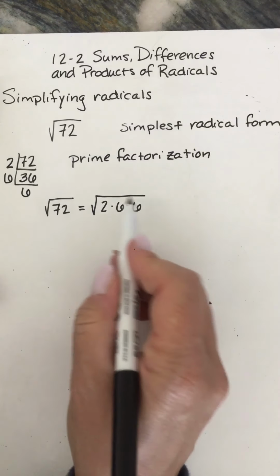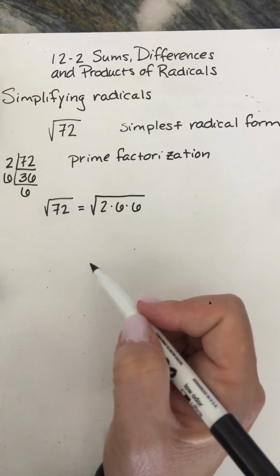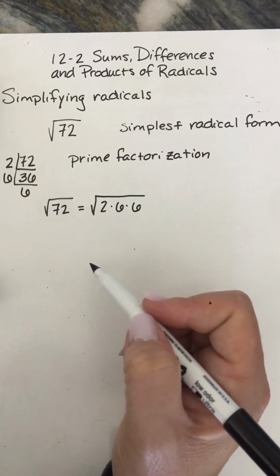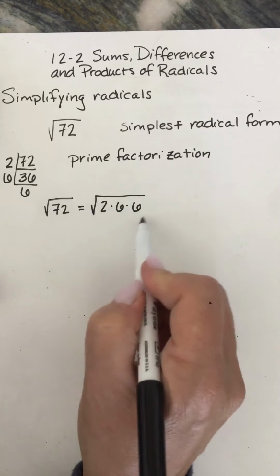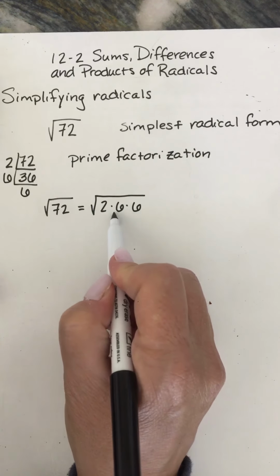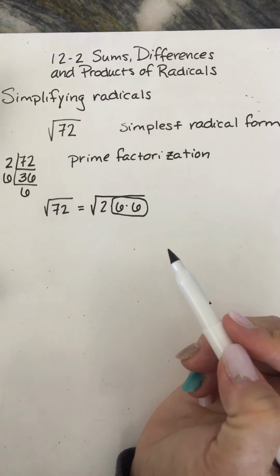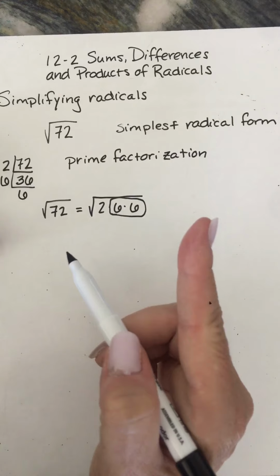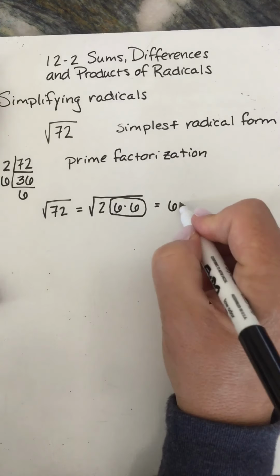So once you can write a perfect square, do it. Because the square root acts, think of it as a 2 for the price of 1 special. Okay, so here's the store. You can purchase 2 of these numbers if they come in a pair. So they come in a pair of 6. So you can purchase 2 6s, but you only have to pay for 1. So we write on the outside what we paid for.